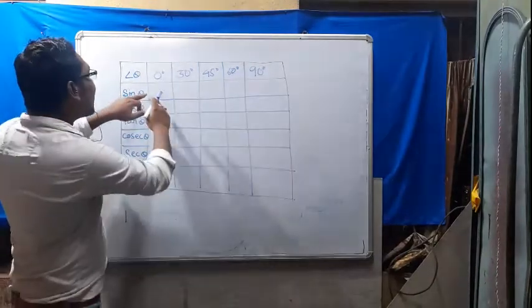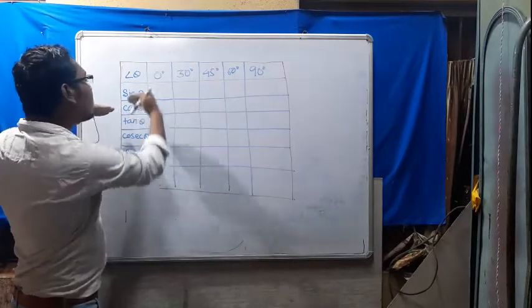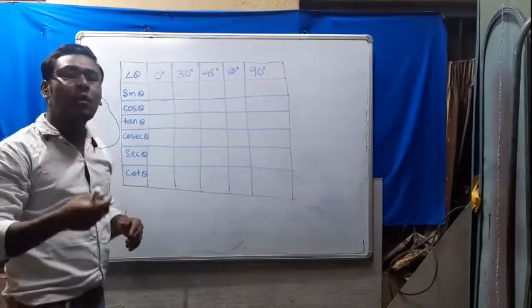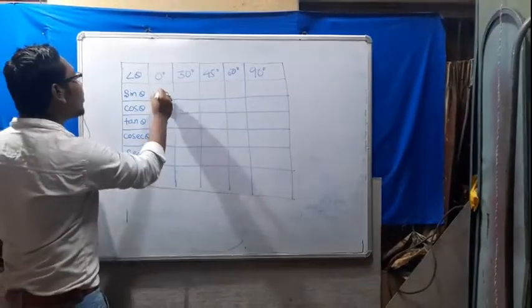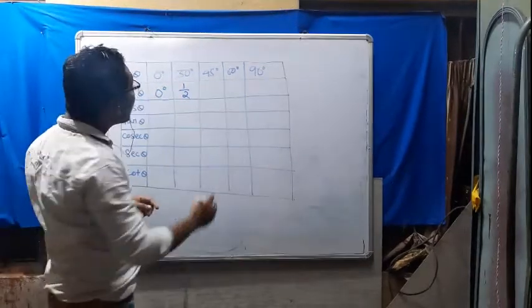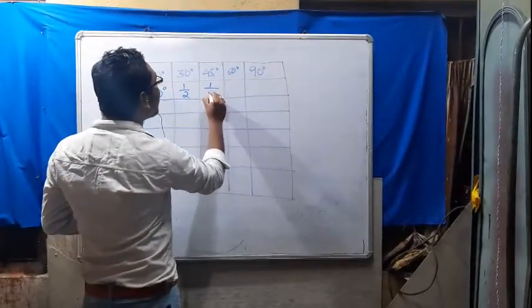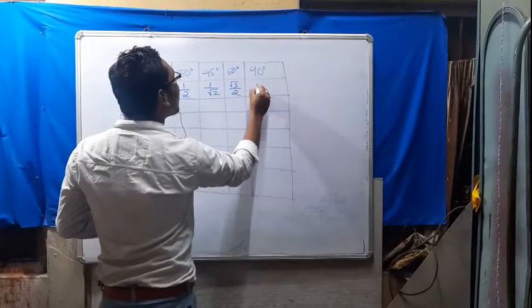You just learn sin values, and everything will come by using certain tricks. So sin 0 is 0, sin 30 is 1 by 2, sin 45 is 1 by root 2, sin 60 is root 3 by 2, and sin 90 is 1.